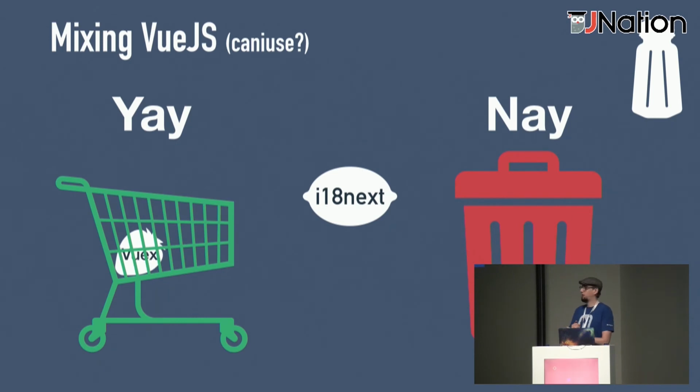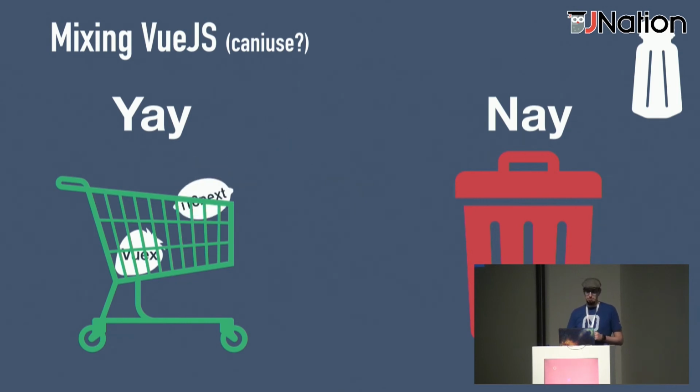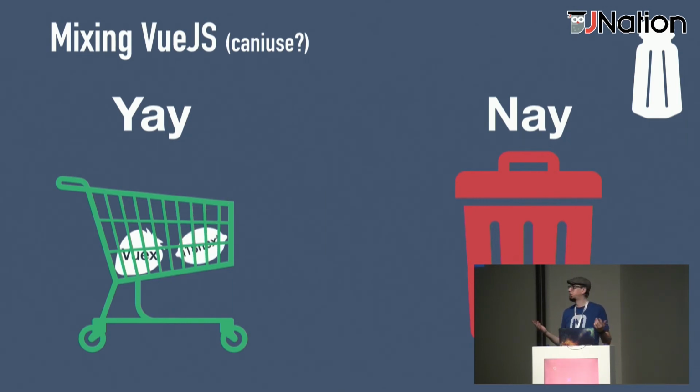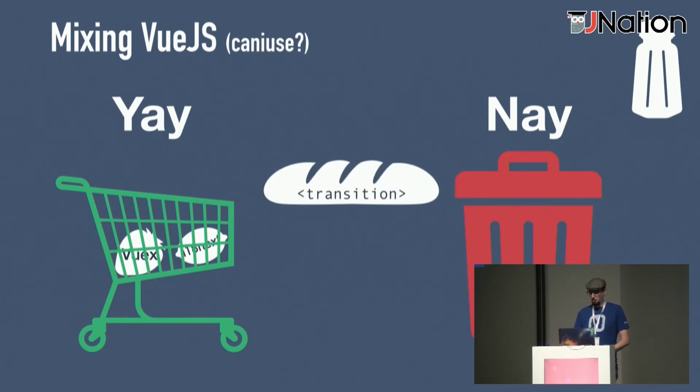This famous internationalization library, does it work? Yep, it works fine because it's just JavaScript and uses the Vue.js reactivity system. You can just import it, use your JSON files, everything works. Perfect, awesome. Vue transitions. This is a special component in Vue where you can create animations when a component shows or hides.